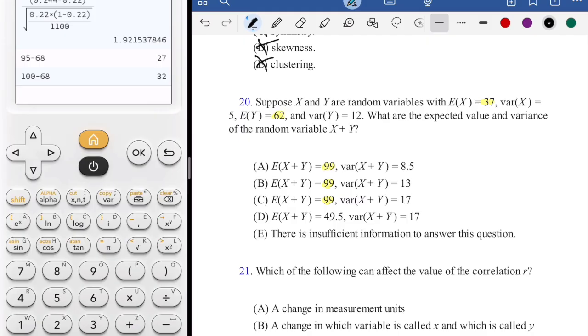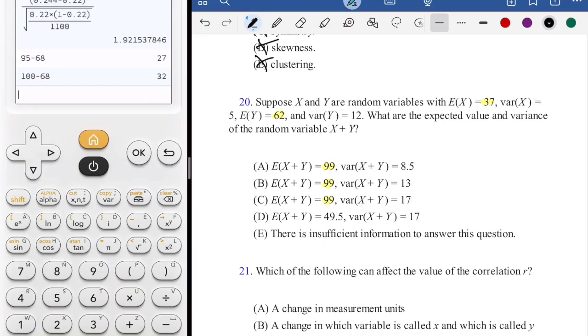If the two events are independent of one another, which they don't really say anything about, you can add the variances, in which case you get a 17, but that's only if the events are independent.